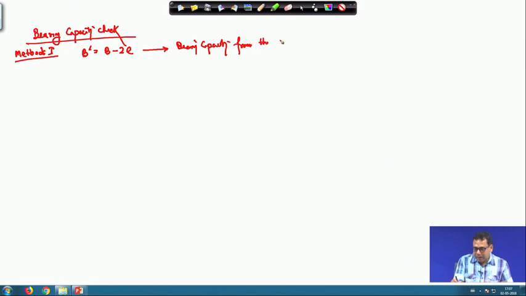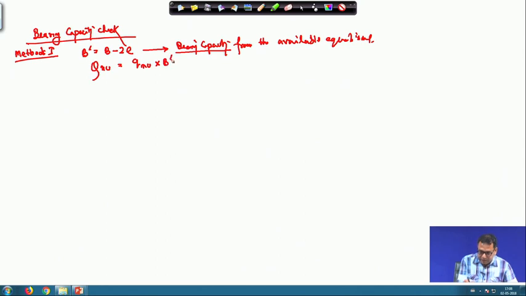from the available equation. So, we calculate the bearing capacity by using the available equation. Last problem I used the Meyerhof equation. Then we calculate the total force by multiplying Q net ultimate by B dash.